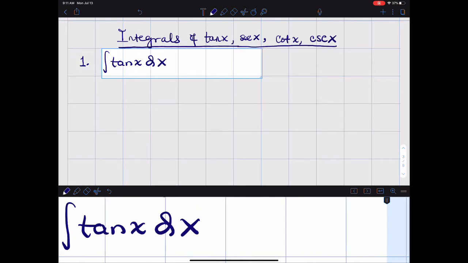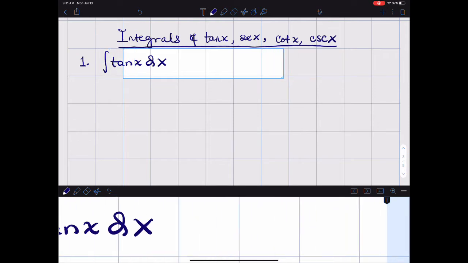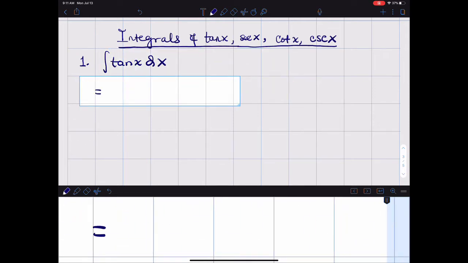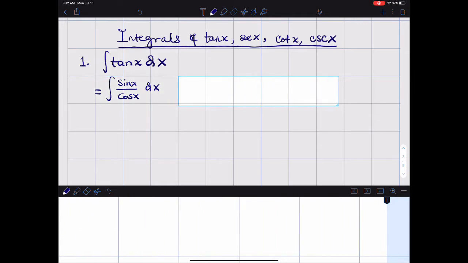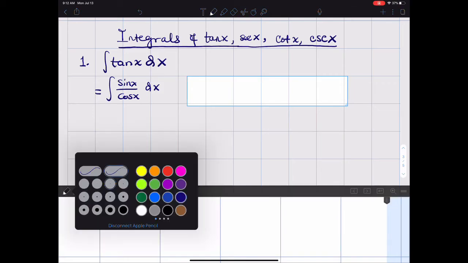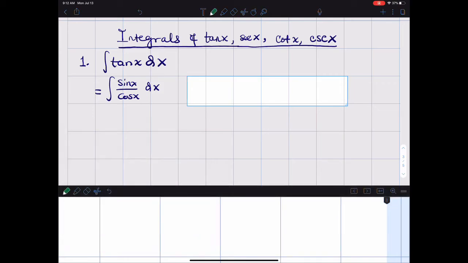The trick is to rewrite it as the integral of sine of x over the cosine of x. And we know that sine of x over cosine of x is equal to tangent of x. So this will allow us to use u substitution.